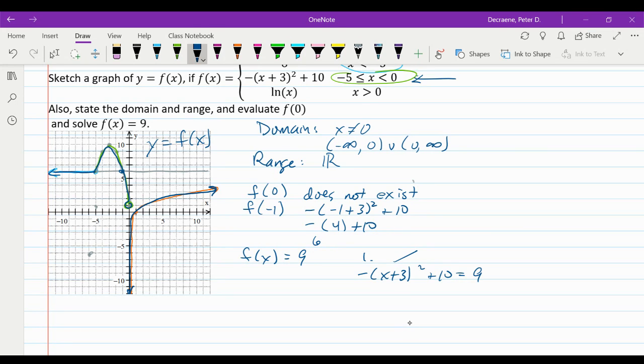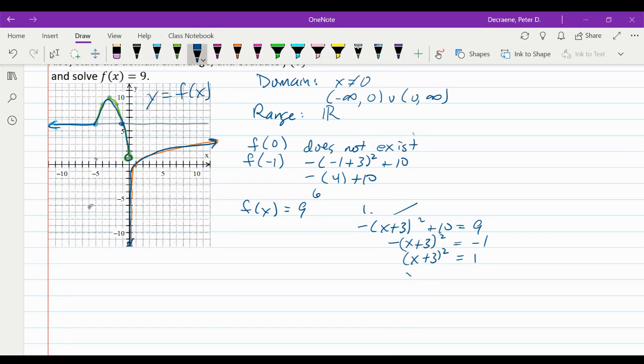So I subtract 10 from both sides. I get the opposite of (x plus 3) squared equals -1. So (x plus 3) squared equals 1. So x plus 3 equals 1 or -1. So x is, if I subtract 3, -2 or -4.